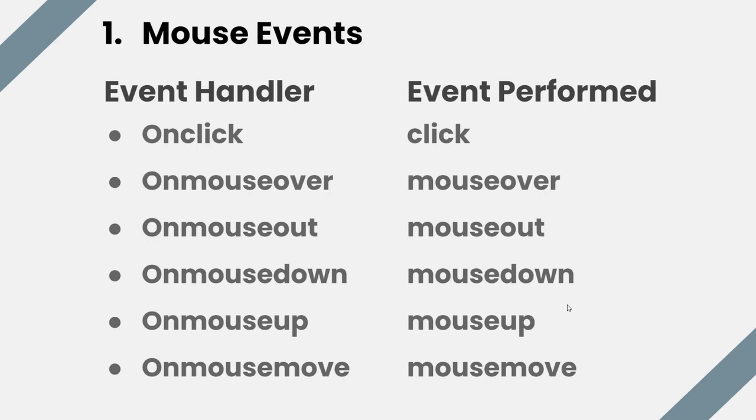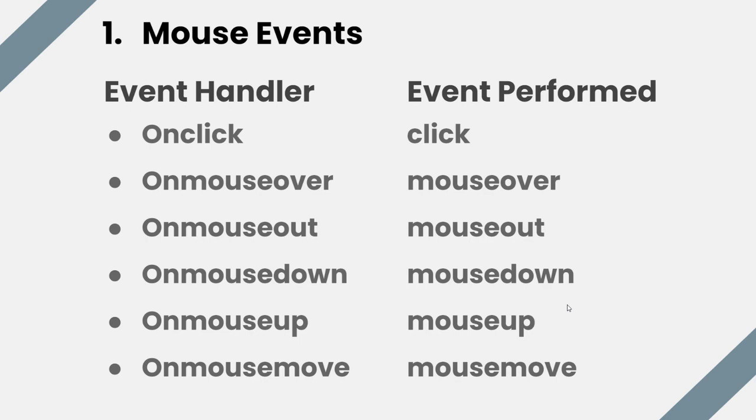Next we have the onmouseup event. The onmouseup is the opposite of onmousedown. The mouse down here is pressing down, that's right clicking or left clicking on the HTML element. That's like holding down the pointer, and then the moment you release your finger from the mouse button, it can perform a mouse up event.